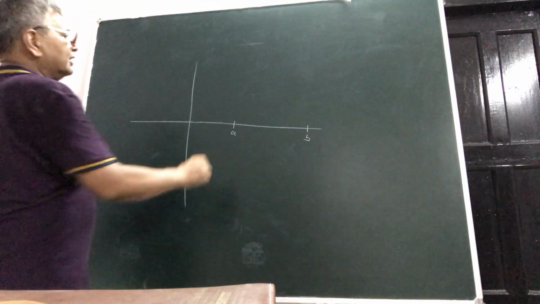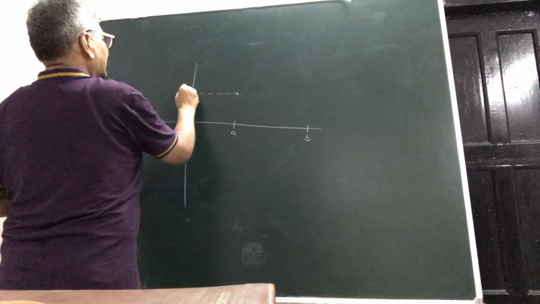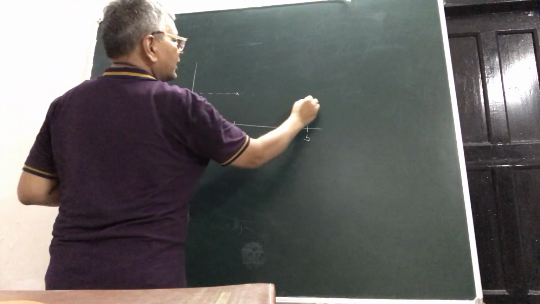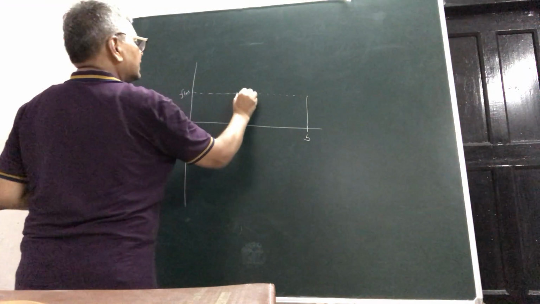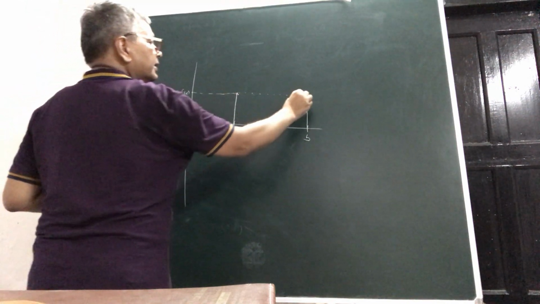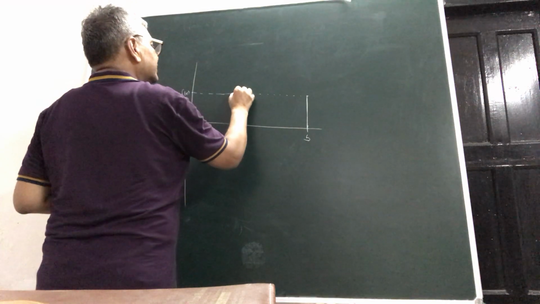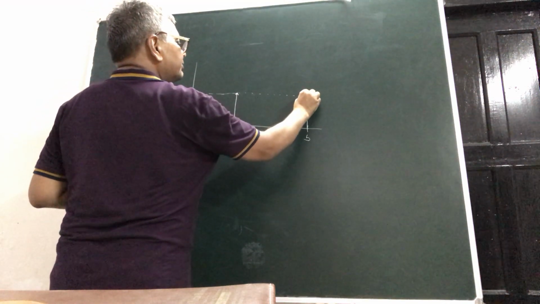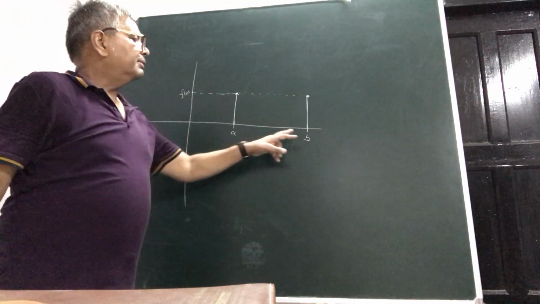The functional value at a is f(a), and the functional value at b will also be equal to it. Both the functional values at a and b will be equal, okay. So both these points will be part of the curve.